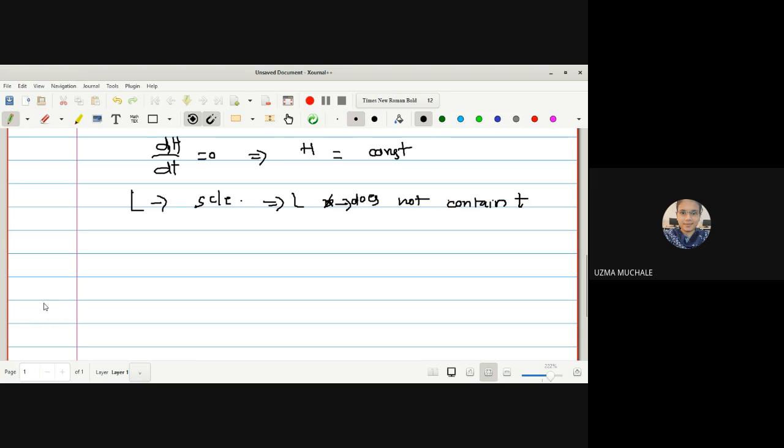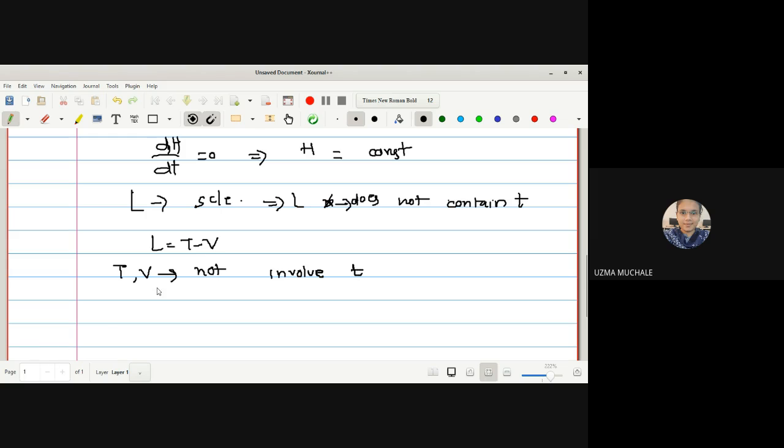Now we know what L is. L is defined by T minus V, the Lagrangian L. So neither T nor V contains the time t. T and V both are not involving time t.